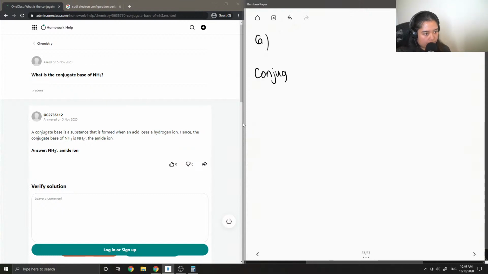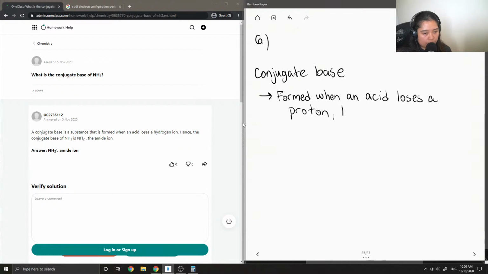So the conjugate base is formed when an acid loses a proton. So protons are just H+.